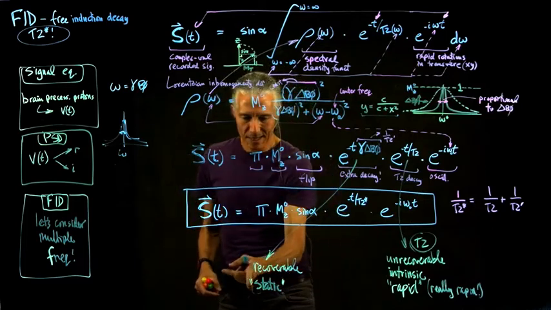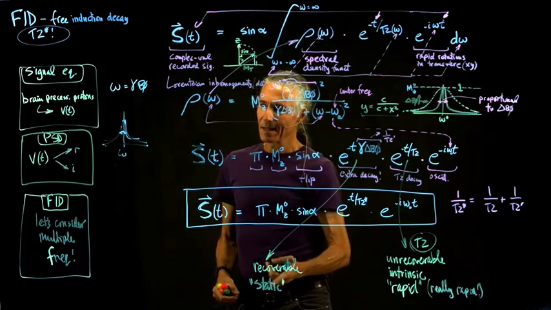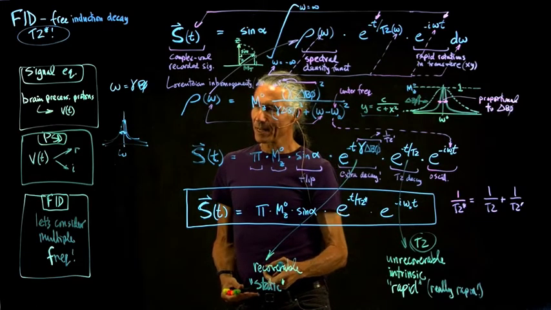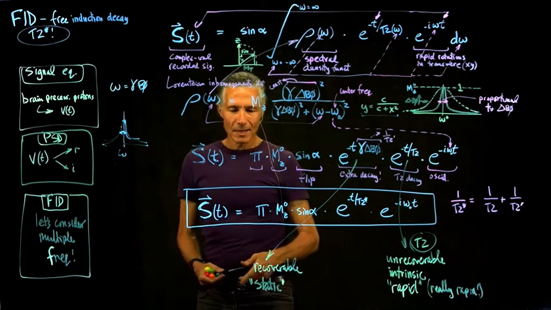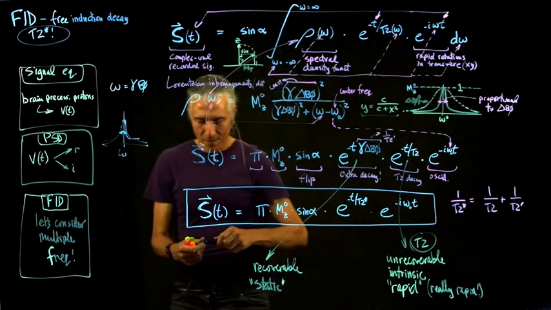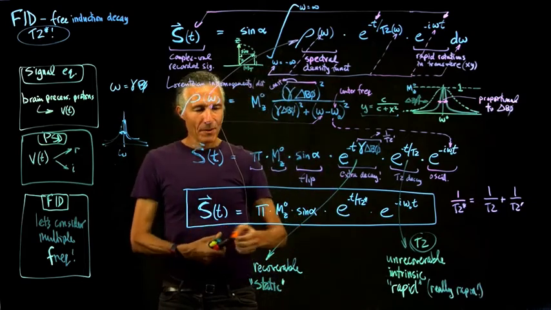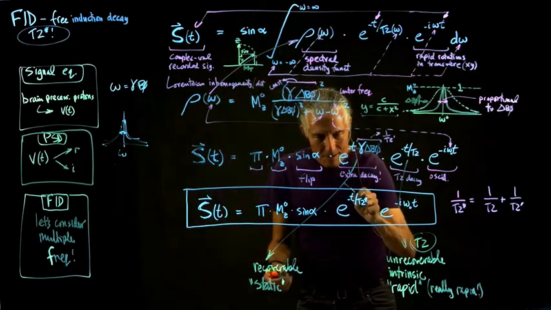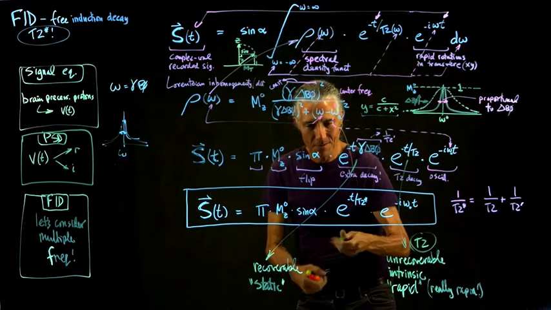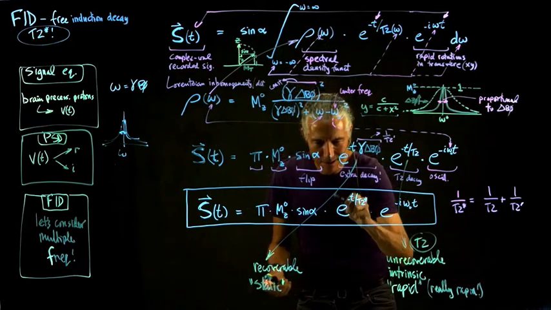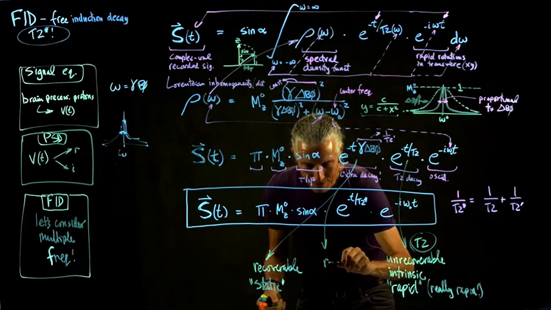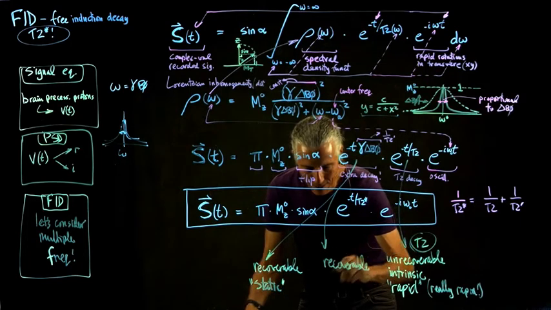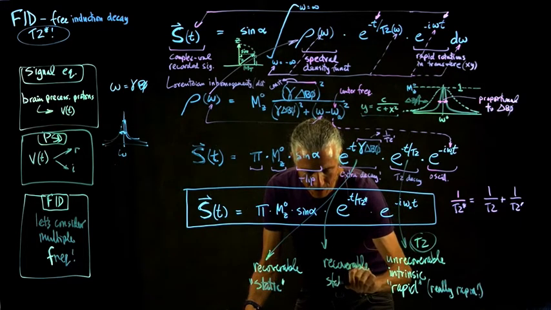So this is that static addition to the magnetic field. But it's a big effect. If we actually graph what it looks like, here's recoverable. We haven't said how to recover it yet, but that one's recoverable or static.